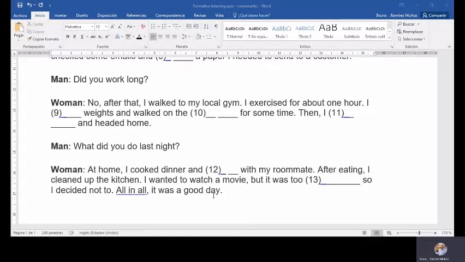All right, so let's go back to the formative quiz.